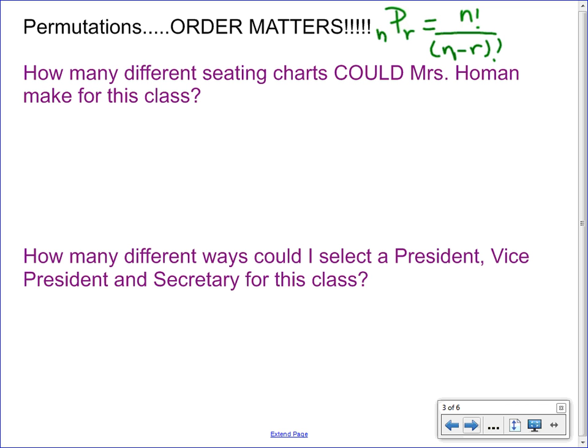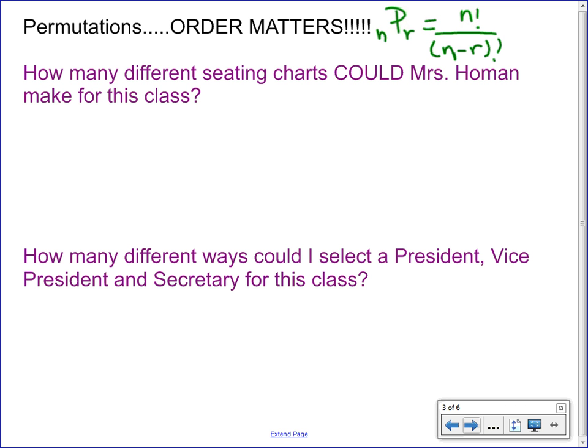First of all, in a seating chart, is order important? Would my seating chart be different if I switched Malik and Jackson? Yeah, it would be. Because if I switched you two and Malik was gone, then if I didn't switch my seating chart, the sub would count the wrong person.